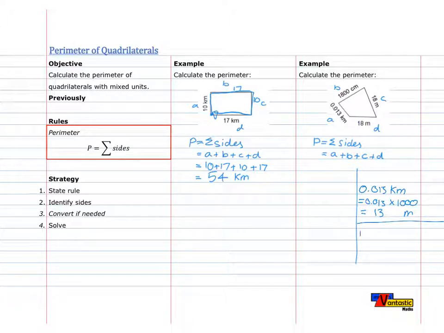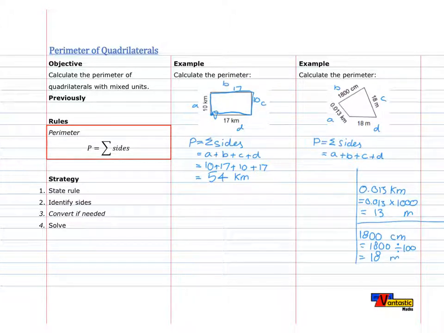And our other one, 1800 centimeters. To turn 1800 into a meters value, we're going to divide by 100. That's our conversion factor. And 1800 divided by 100 is 18. And now this is in meters.